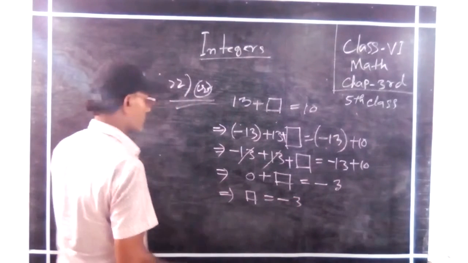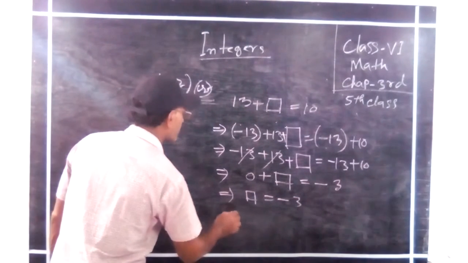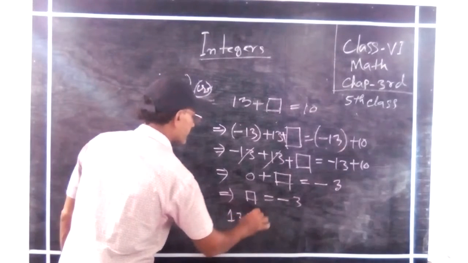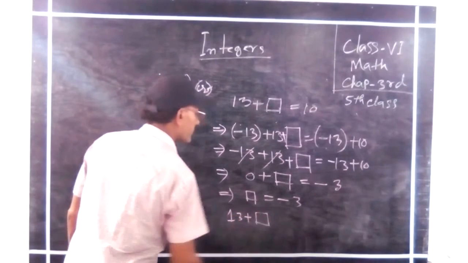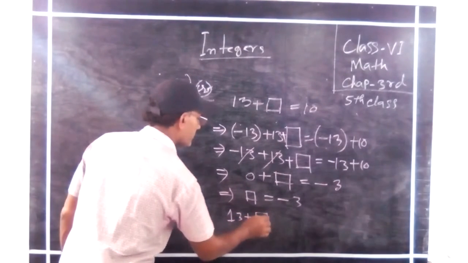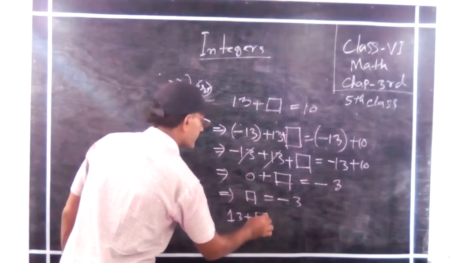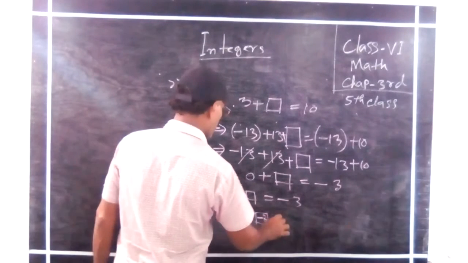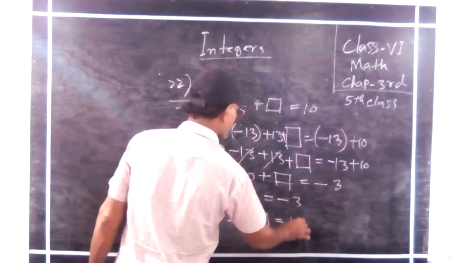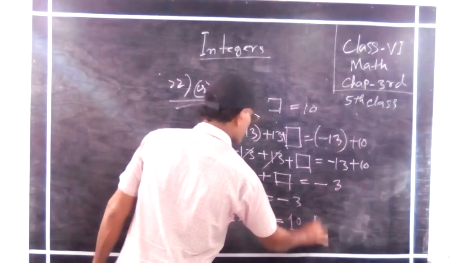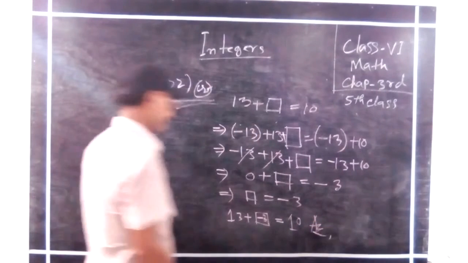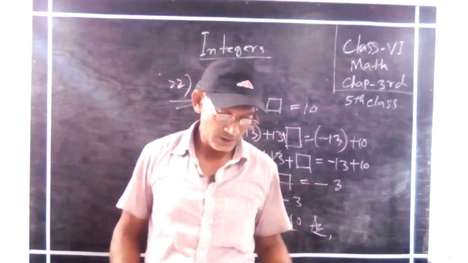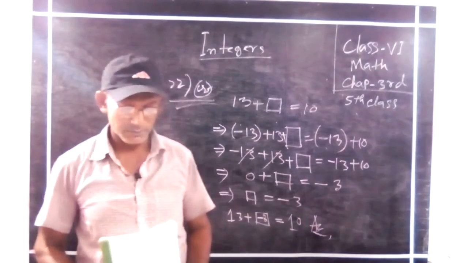So we can write here 13 plus empty cell, the number in the empty cell is minus 3, equal 10. That is our answer. Number 4.